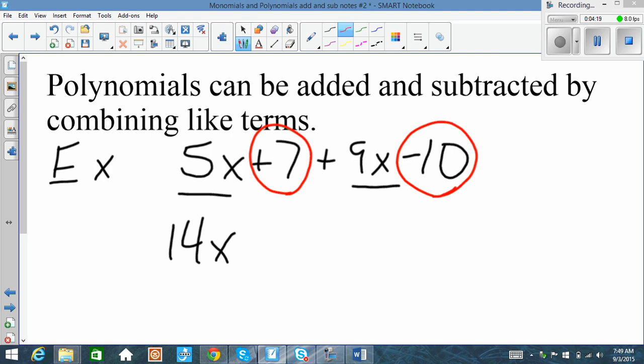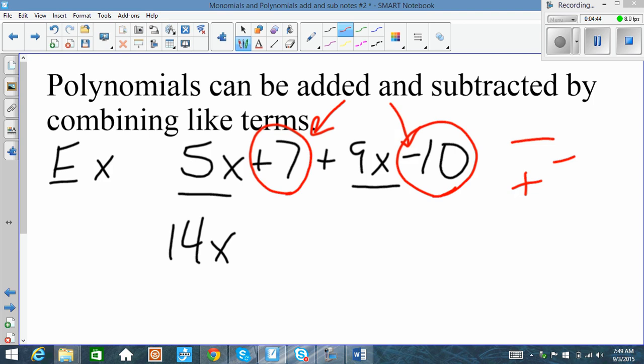Notice when I look at those, in particular the subtraction one, I circle and include the minus in with the subtraction. Every subtraction is the same thing as adding a negative. So when you see subtractions, I always just think of them as negative. So when I circle my like terms, I've got a positive 7 right here and my negative 10 over there.